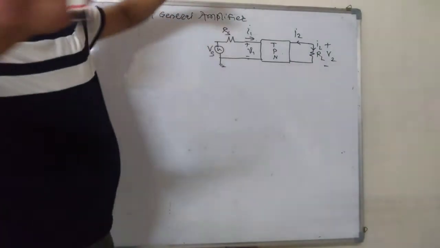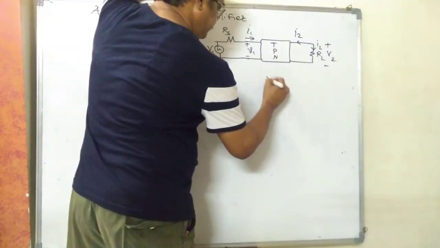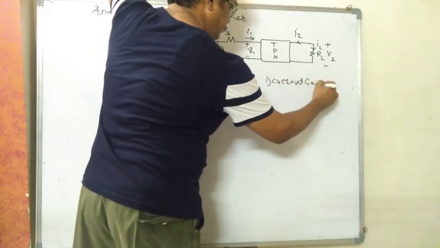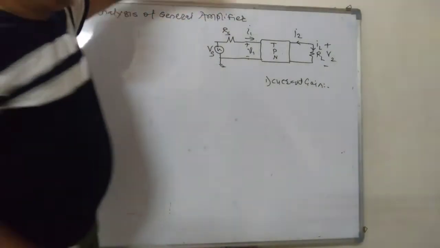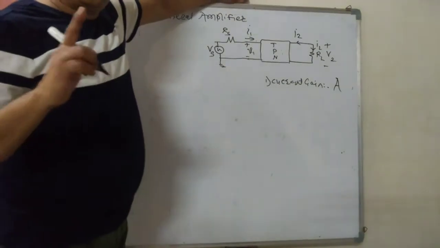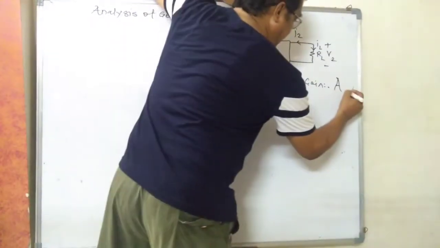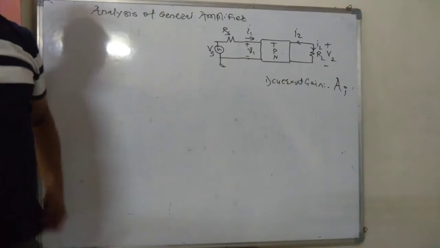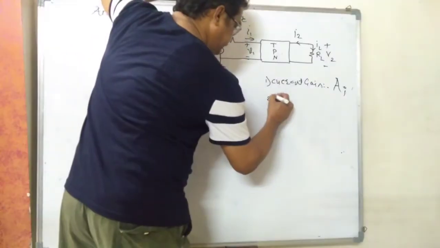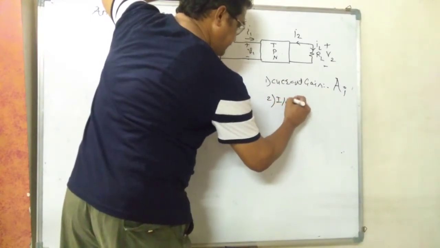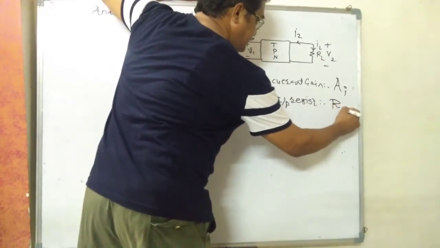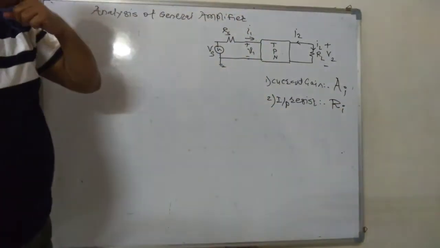We have to determine 4 parameters. First is current gain. The notation used for gain is A. Current gain, AI. This first formula we have to derive is for current gain. Second, input resistance, RI.